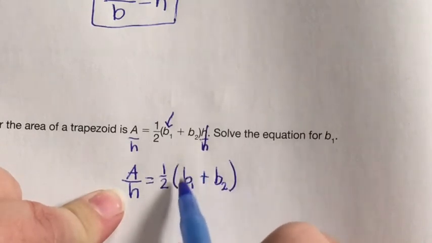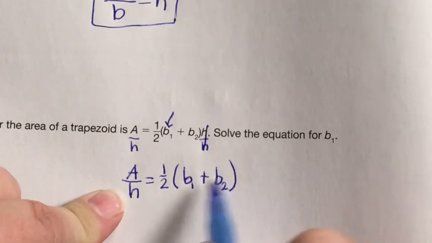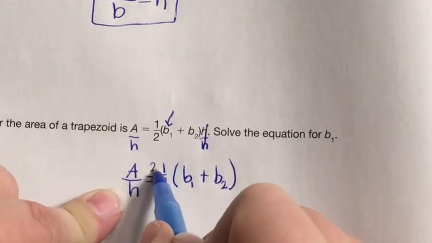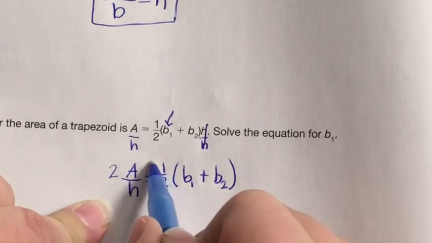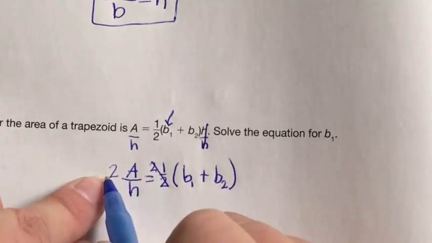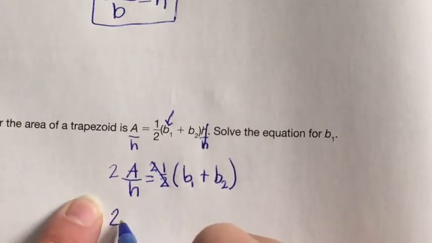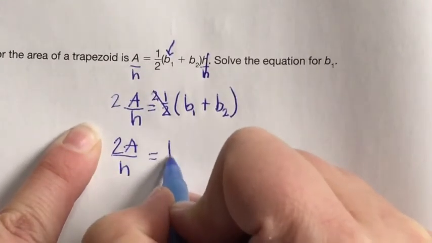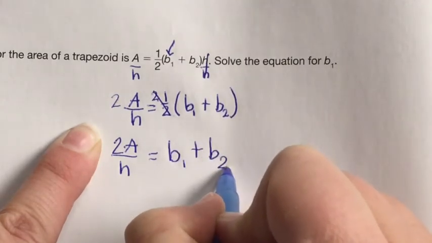Now, furthest away from this b1 is the 1/2, because this stuff is in parentheses. So to get rid of the 1/2, I would times by 2 and times this side by 2. So these 2's are going to cancel. And again, I still don't know what A and h are, so we leave them, but it's going to have a 2 in front. So 2A over h is equal to b1 plus b2.